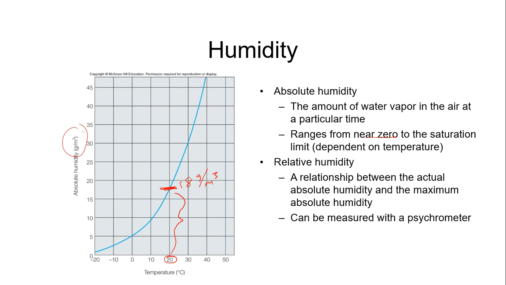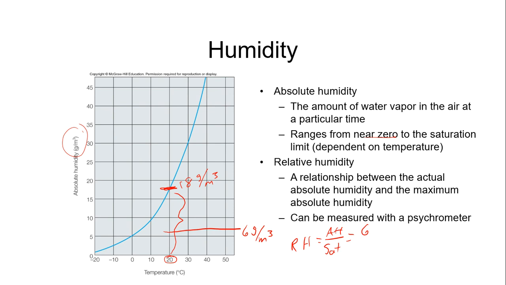So relative humidity is a relationship between the absolute humidity and the maximum possible absolute humidity, in other words, the saturation limit. So let's just say, for instance, that the absolute humidity is 6 grams per cubic meter and the outside temperature is 20 degrees Celsius. Well, relative humidity is going to be the absolute humidity divided by the saturation limit.